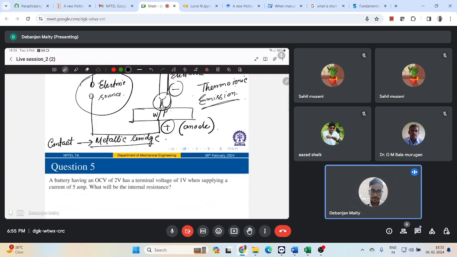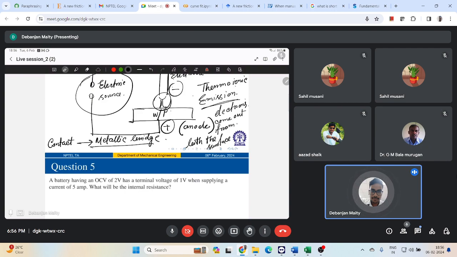So in this process electrons come out from both surfaces, cathode and anode.